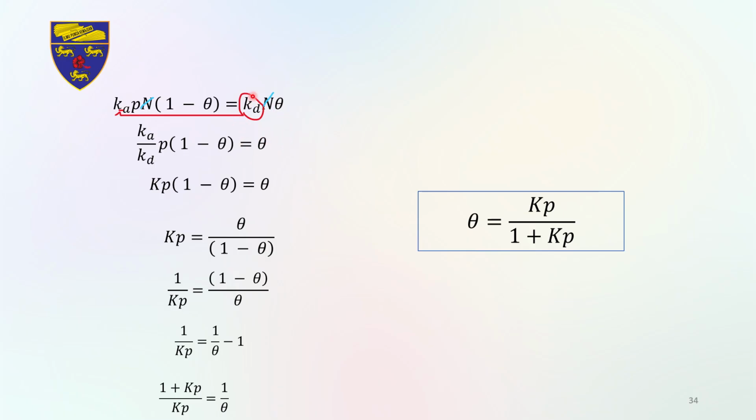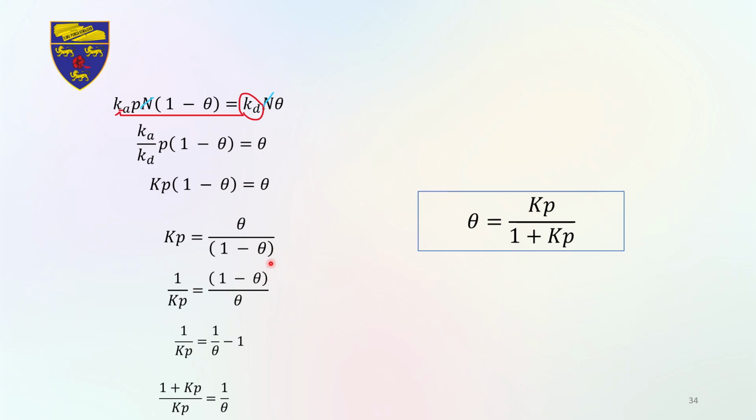So we move the Kd, the rate constant for desorption, to the other side, then we get the expression here: Ka over Kd, multiplied by P, which is the partial pressure of the system, multiplied by 1 minus theta, which is the fraction of unoccupied sites, equals theta, the fraction of occupied sites. And we know that Ka over Kd is equal to the equilibrium constant, capital K. So we replace it with the equilibrium constant, and then we move the 1 minus theta to the other side, which gives us this expression here.